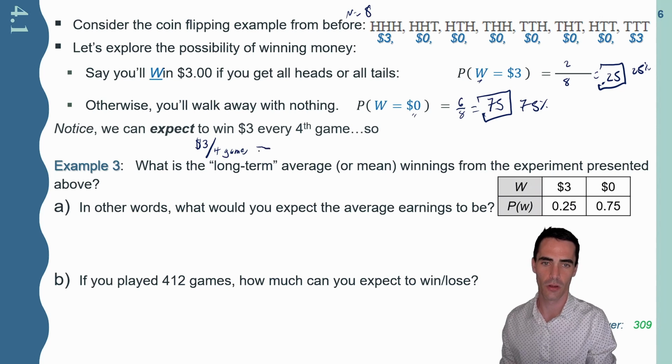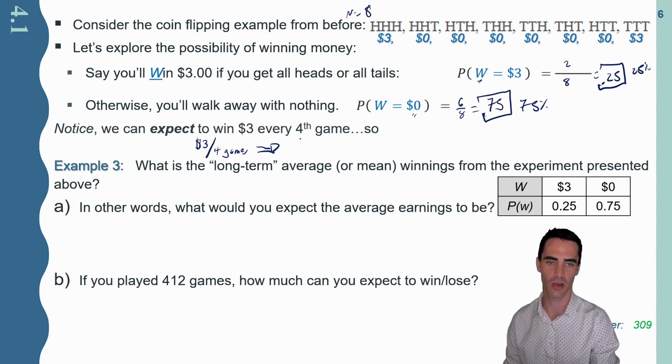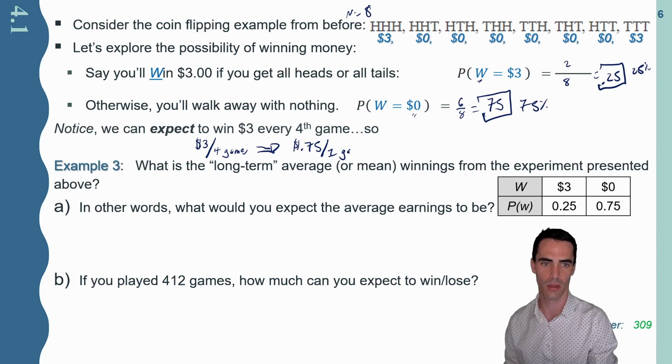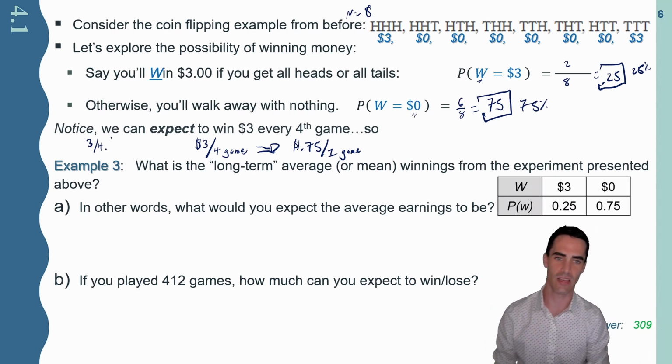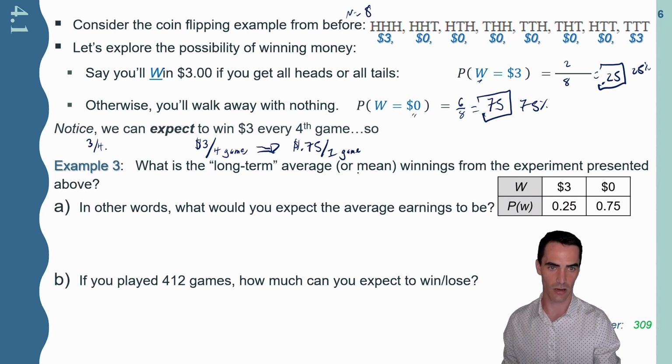So if I want to reduce this fraction, what is 3 divided by 4? I can write this as $0.75 per 1 game. And again, to get that 0.75, all I did was 3 divided by 4. So that got rid of the idea of 4 games.